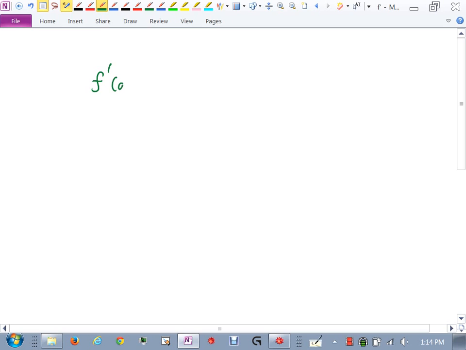the derivative f prime of a is limit x approaches a, f of x minus f of a over x minus a. So if you say what's f prime of x, then this becomes x approaches x and f of x minus f of x over x minus x, and it really doesn't work.